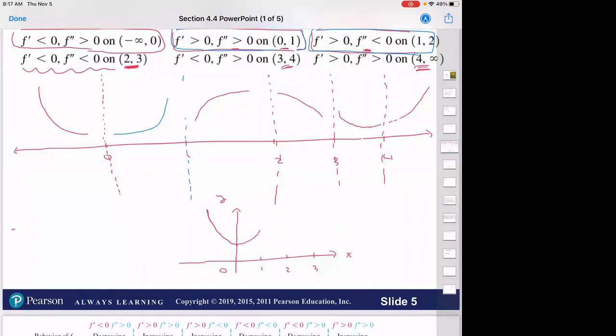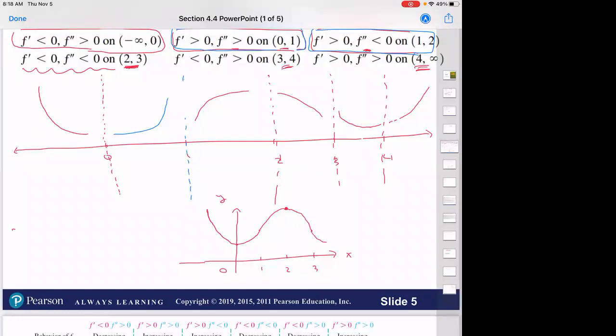It will be concave down, right? Then at 2, the increasing-decreasing behavior changes. Then at 3 also the concavity changes. It's still concave down, and on the right side of 3, the function is concave up.